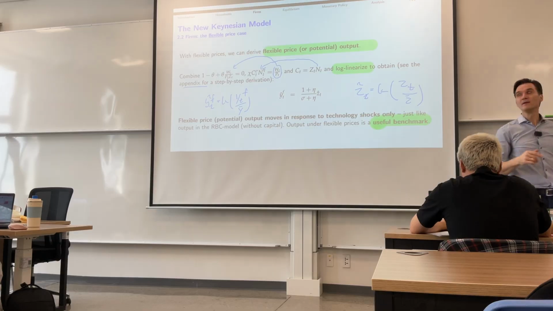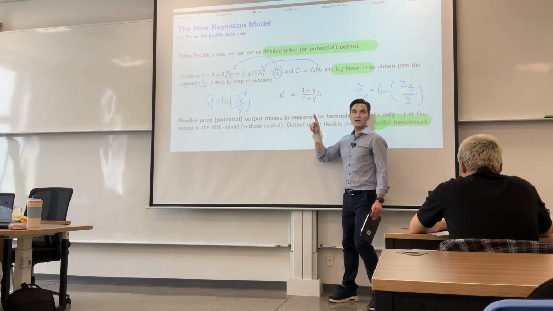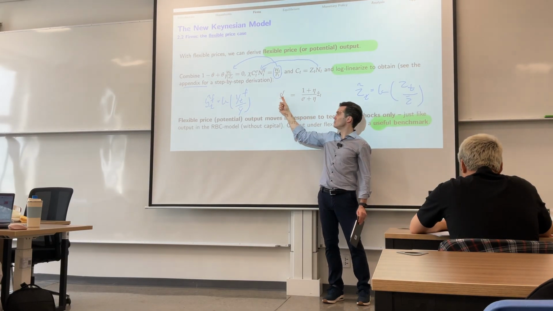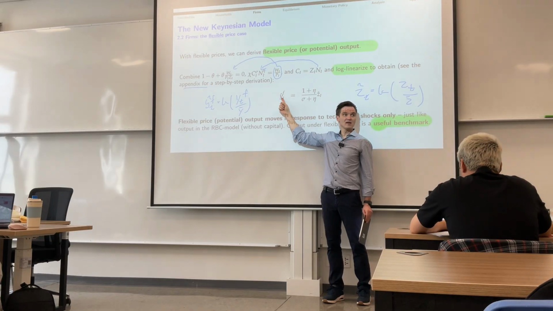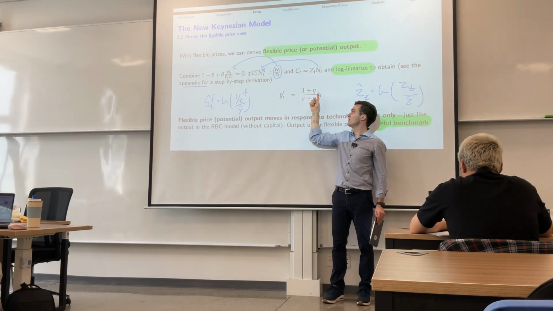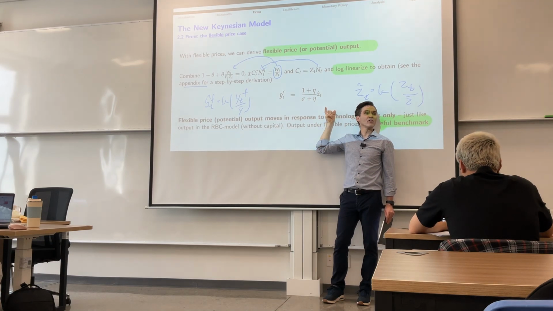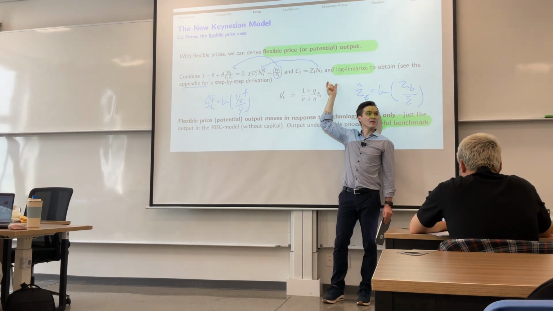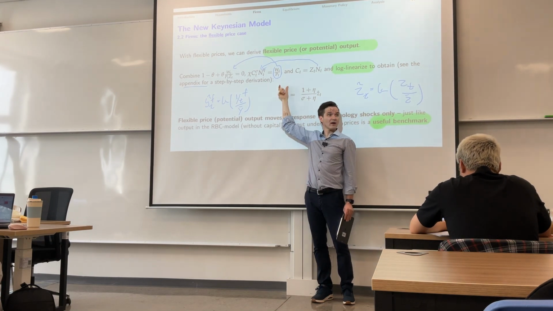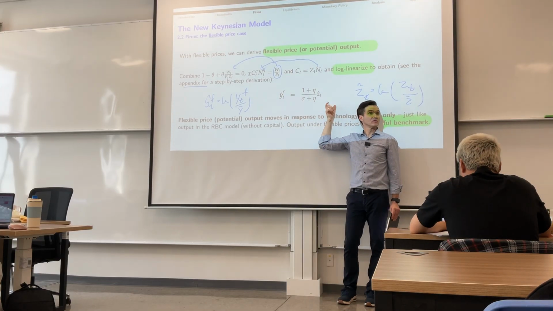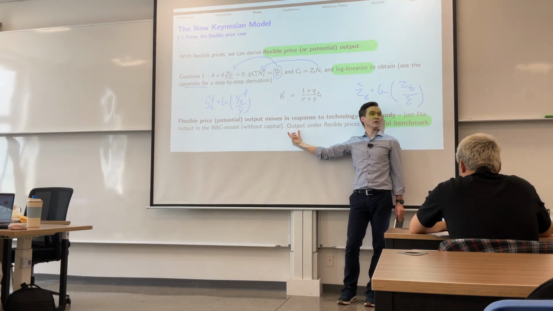So in other words, there will be an equation in the steady state that maps your output in steady state as a function of model parameters and the level of technology. So when the level of technology in steady state is high, your steady state output will be higher. If your level of technology is low, your steady state output will be low. So that's sort of the underlying idea here.